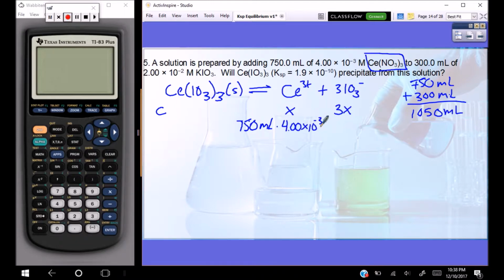If we think in terms of moles per liter, the liter cancels and we're left in milli. And I'm going to divide that by my new total volume, which is going to be 1050 milliliters. The milli cancels, and I'm back in my molarity. Okay, so I'm going to go through and calculate that.